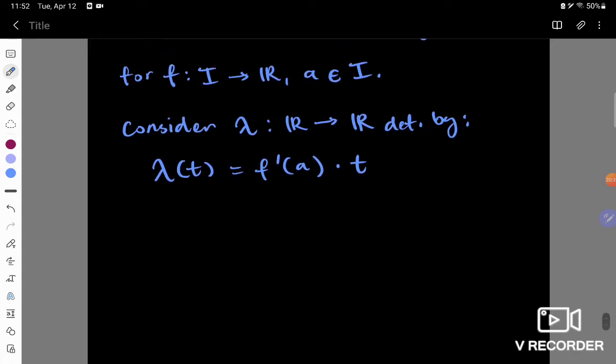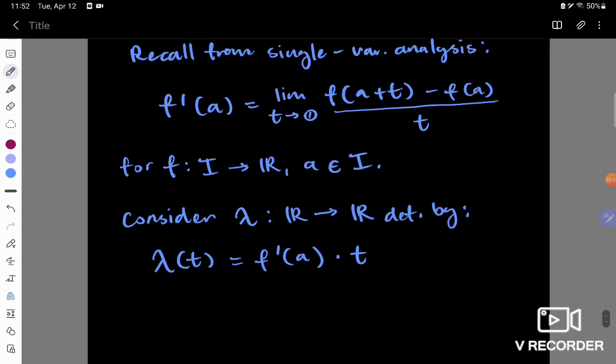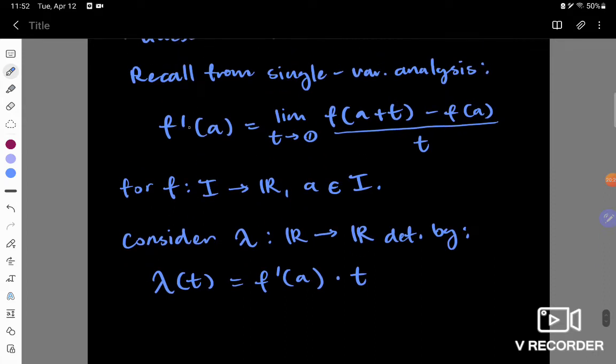It turns out now, with our definition here, we can just pull out this f prime of a and subtract it from this left-hand side.